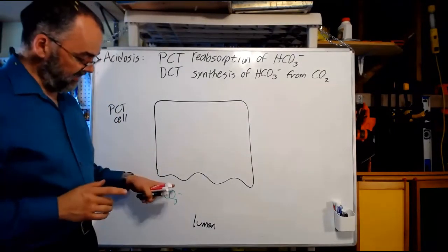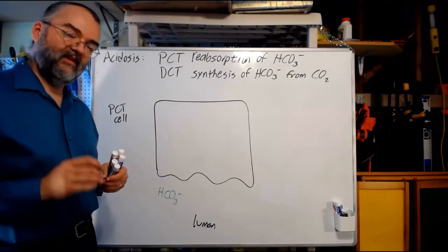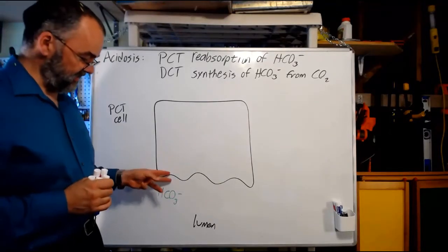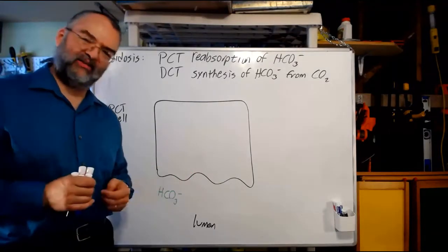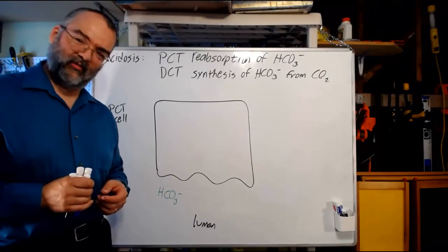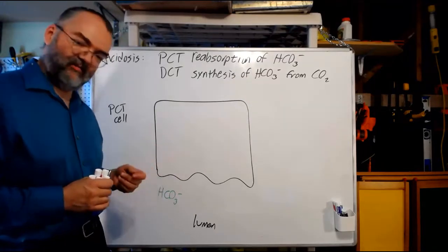So I need to get this bicarbonate across this membrane somehow. One problem I've got here is that I actually don't have any bicarbonate transporters on this apical membrane, which is a problem. Because if I don't have any transporters for bicarbonate, how can I get this in here?